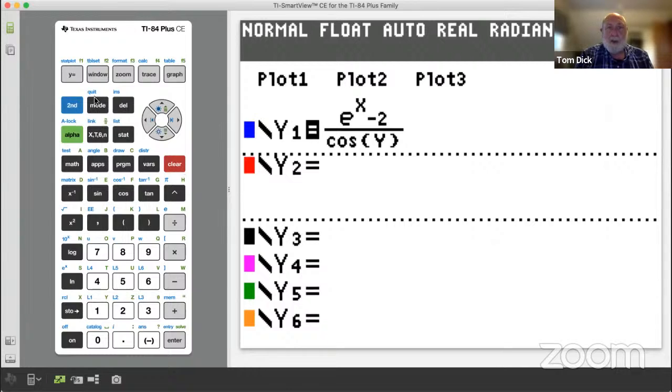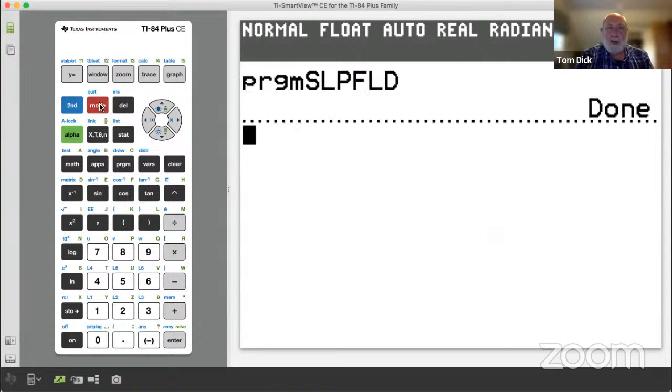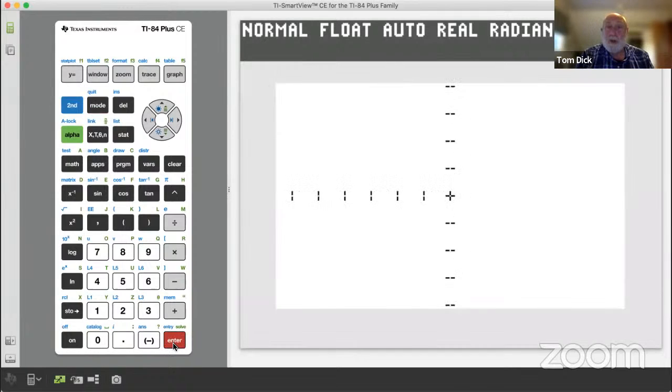Now I'm going to go back to the calculator screen and bring up the slope field program. Since we had run the slope field program before, I can either pull it out of programs, or if I just hit enter, it's going to run it again with this new differential equation in there.